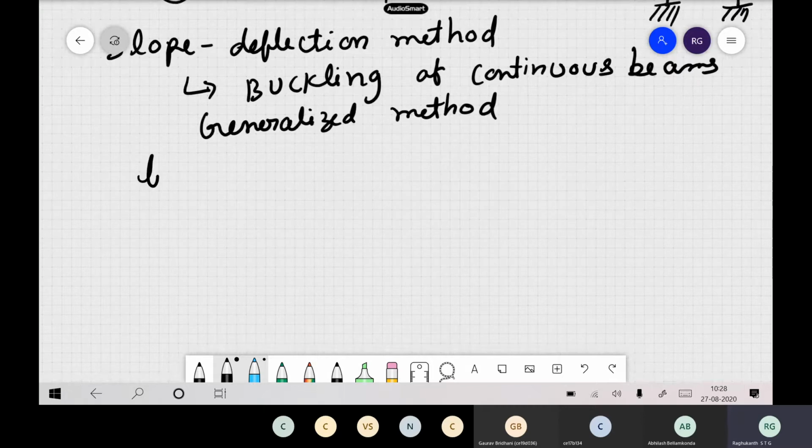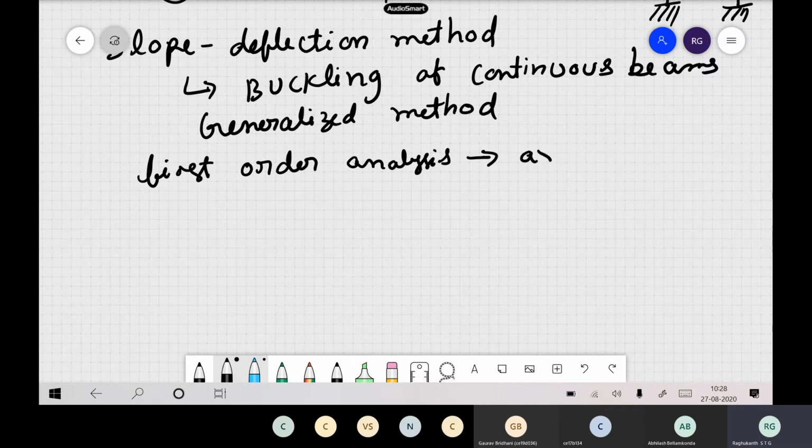Generally in structure analysis, there is something we call a first order analysis. These are just names. First order analysis, when you are using the slope deflection method, means axial loads are neglected. Generally when you design beam columns and beams, the axial loads may be there, but we ignore them in calculating the bending moments and rotations.